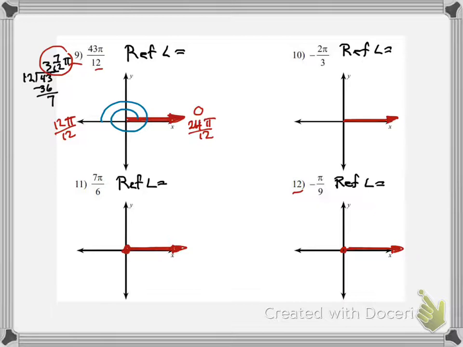Well, I need to stop and think about if half a circle is 12/12, then a quarter circle is 6/12, which is half of a pi. So if I want another 7/12, I'm going to need here's 6/12, and that would leave me one more 12th to go.